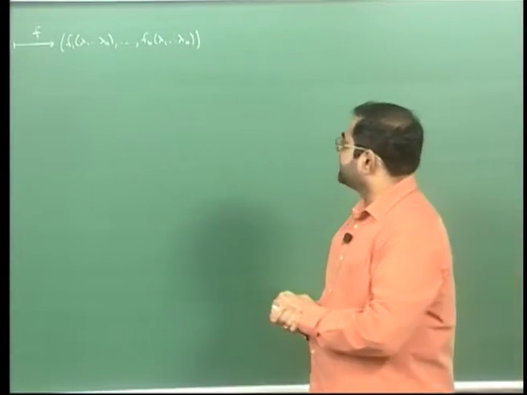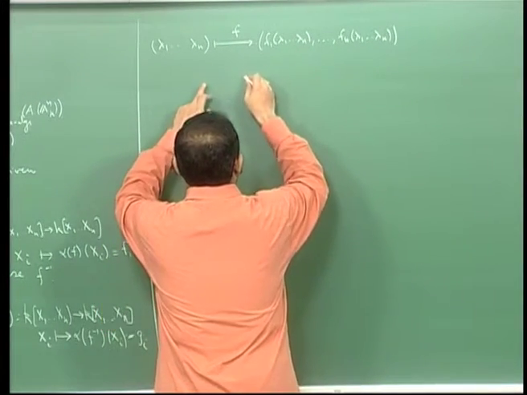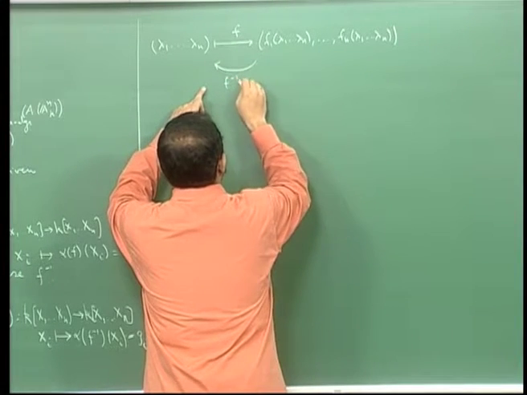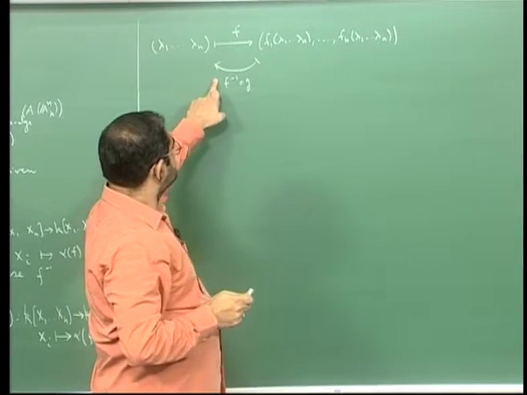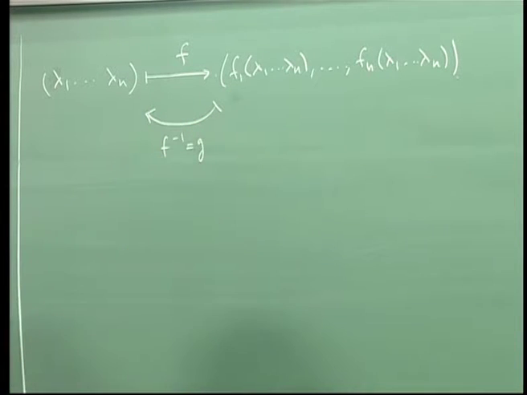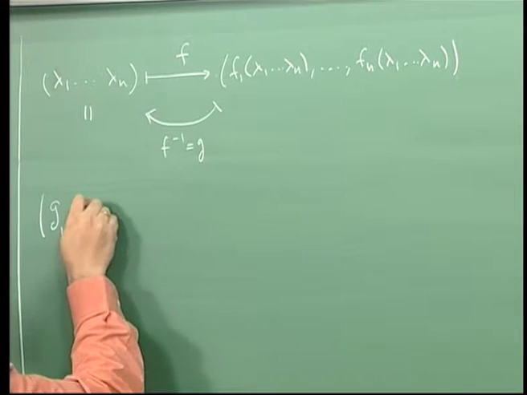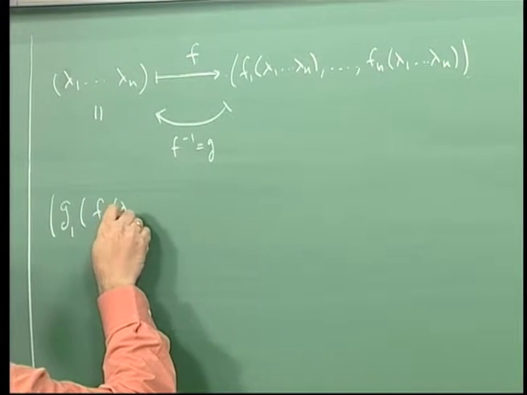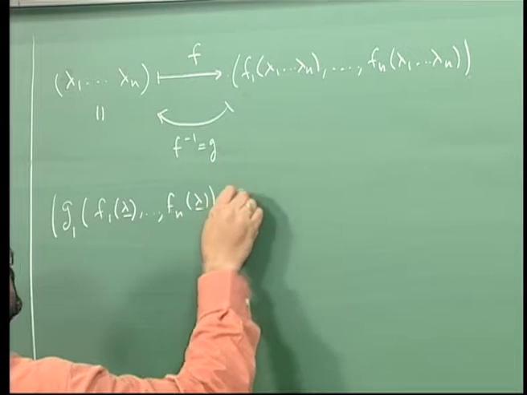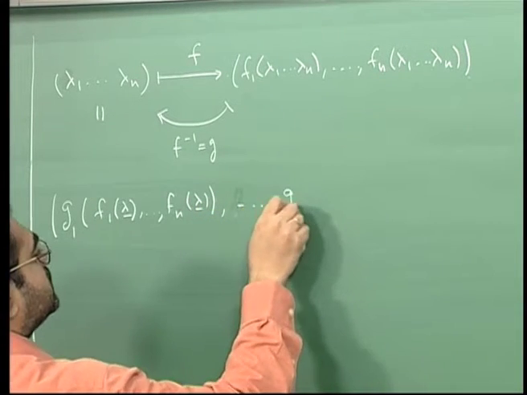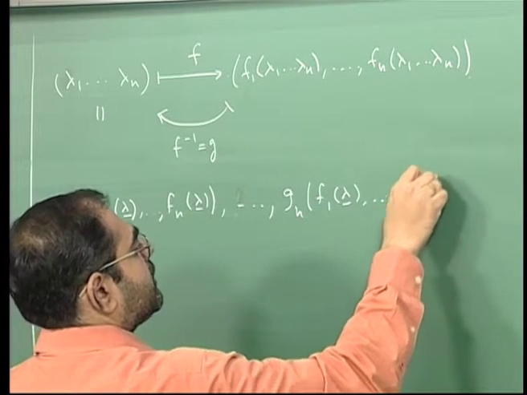And now if I apply F inverse, which is g, this point has to go back. Under F inverse this point will go to g1 of f1 of the lambdas, dot dot dot, gn of f1 of lambda, fn of lambda. This is what it means.